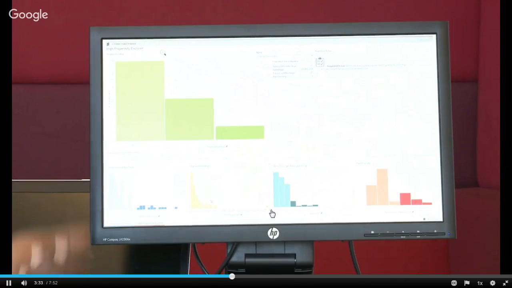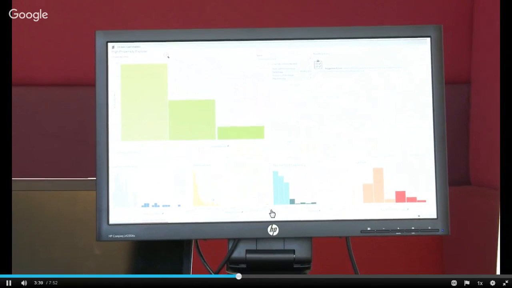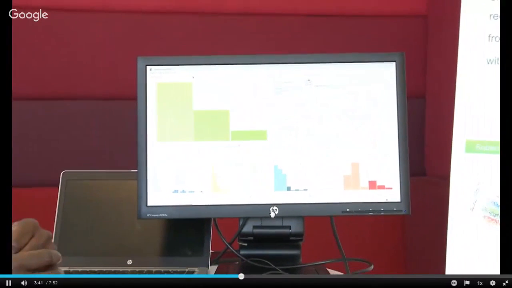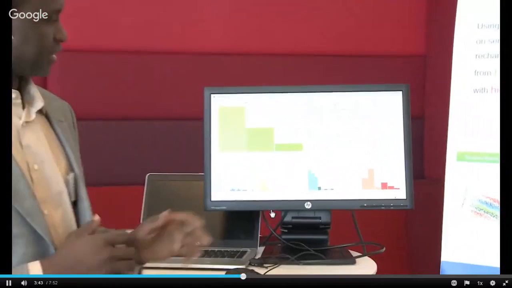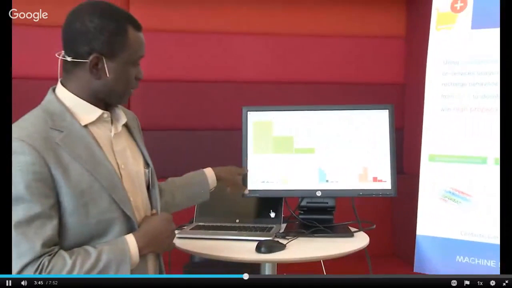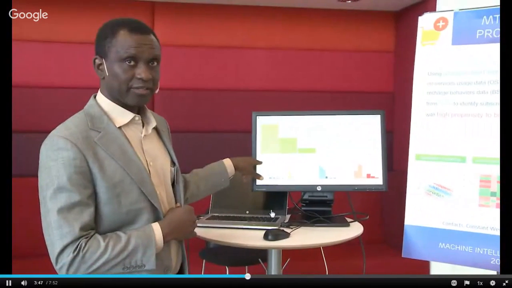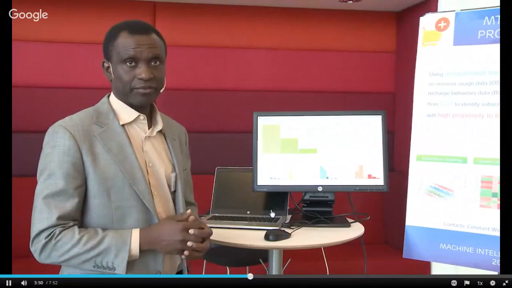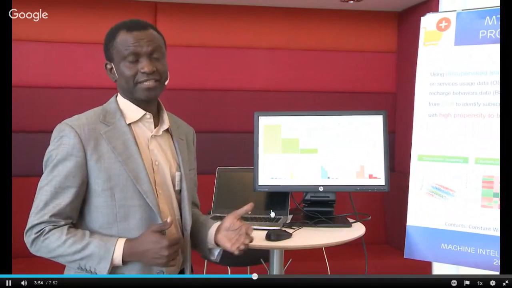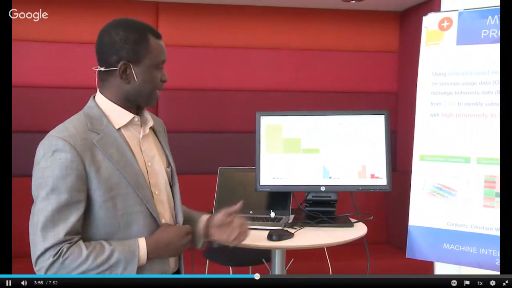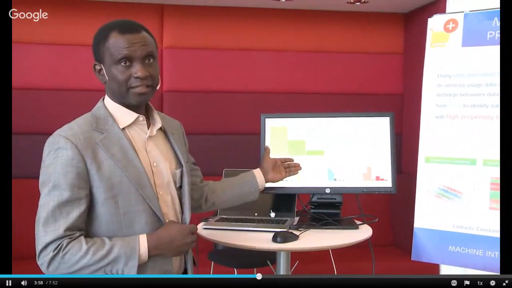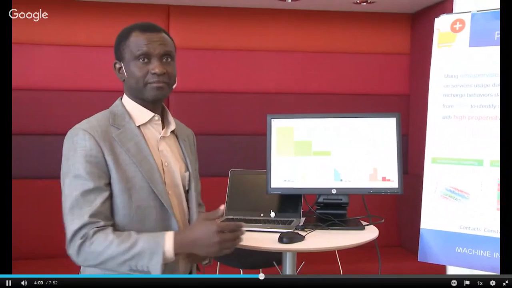Our hypothesis here is that at the end, we want to identify the group of users with high propensity to buy a specific product. One thing we put as hypothesis is that we want to look at parameters like balance before recharge, so how much the user has left in their account when they recharge, and also the data depletion rate, how much they consume, how fast they consume their bundle.